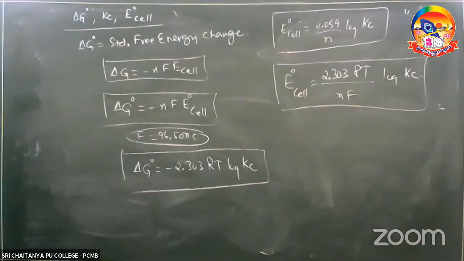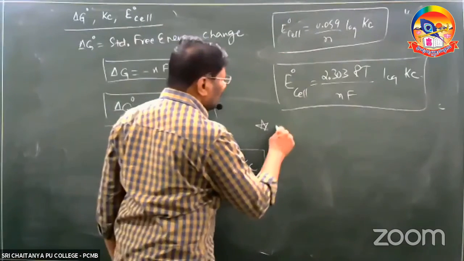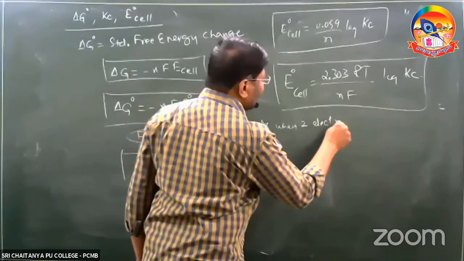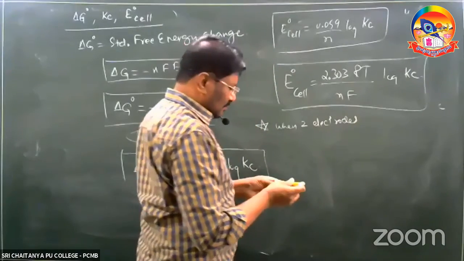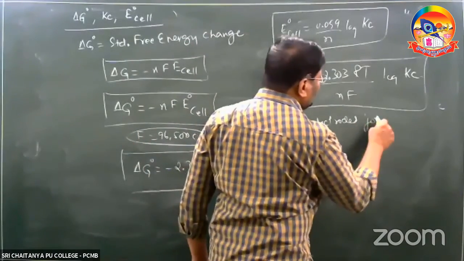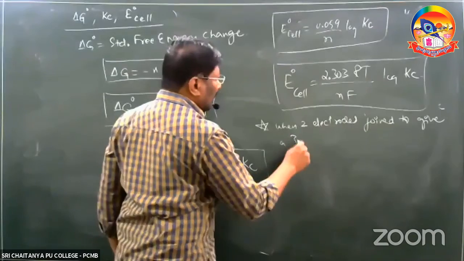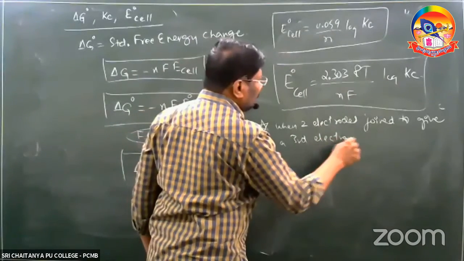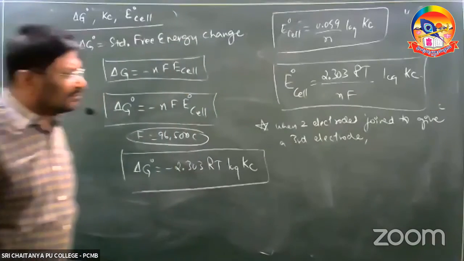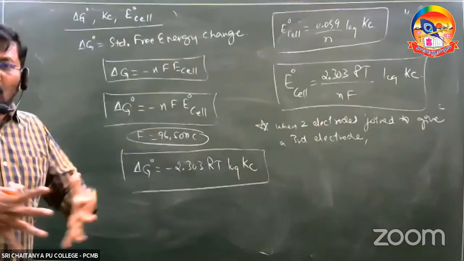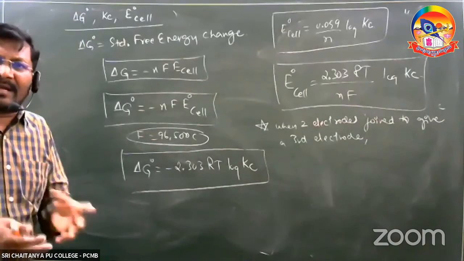See, next, one more important thing, another most important one: when two electrodes join to give a third electrode. Two electrodes mixed together are generating another new electrode.